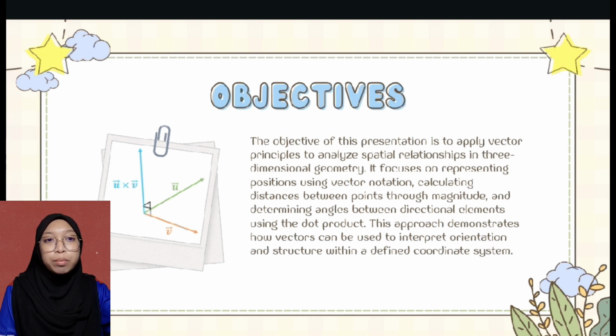This approach demonstrates how vectors can be used to interpret orientation and structure within a defined coordinate system. This objective will guide us through the problem-solving process. Now, let's look at the specific question we will be working on.